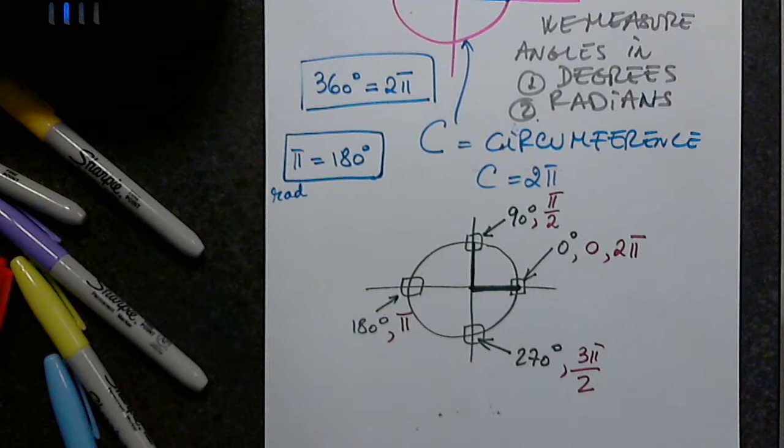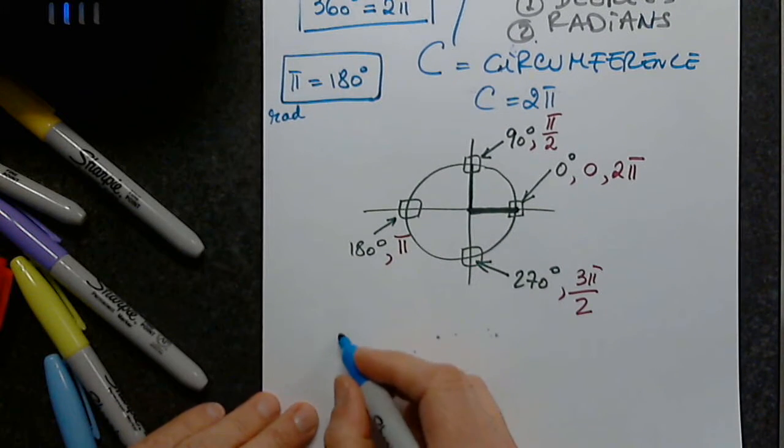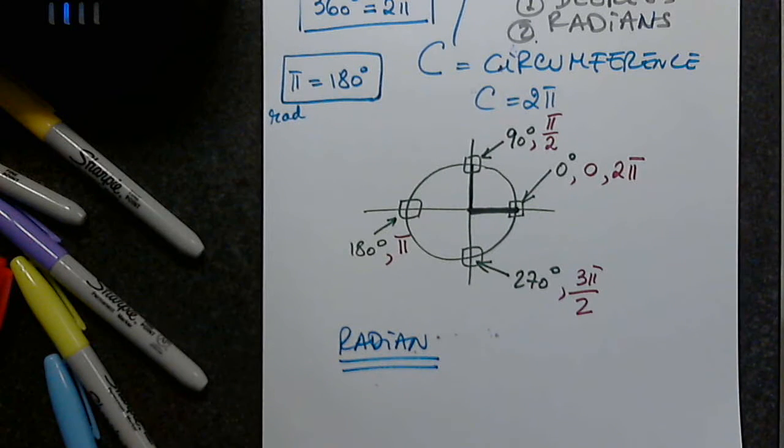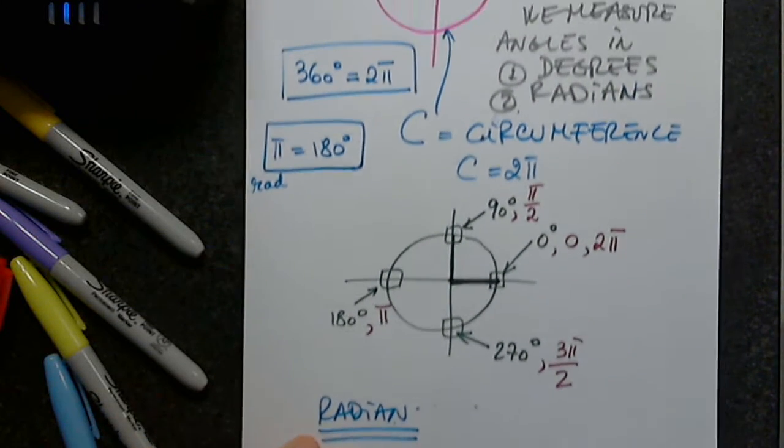Let me define radians, and then we'll see how much is 1 radian in degrees and how much is 1 degree in radians. Okay? So, radians. What is a radian? And I have a little prop for you. Here it is.